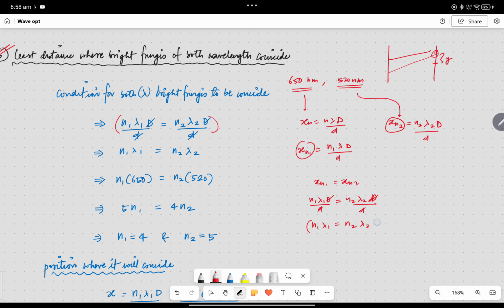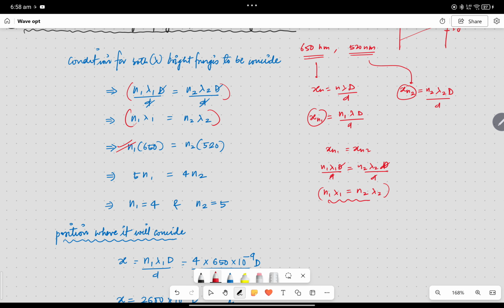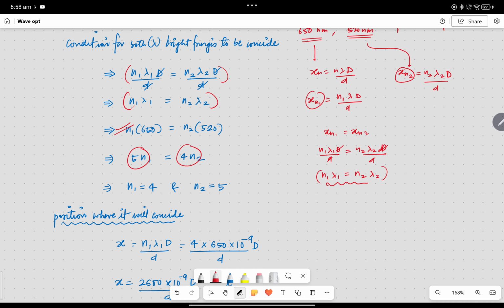Now you can see how I have deduced the value written here, and you can put the values directly and get the condition: 5 n1 is equal to 4 n2, meaning n1 is going to be 4 and n2 is going to be 5 by comparing.